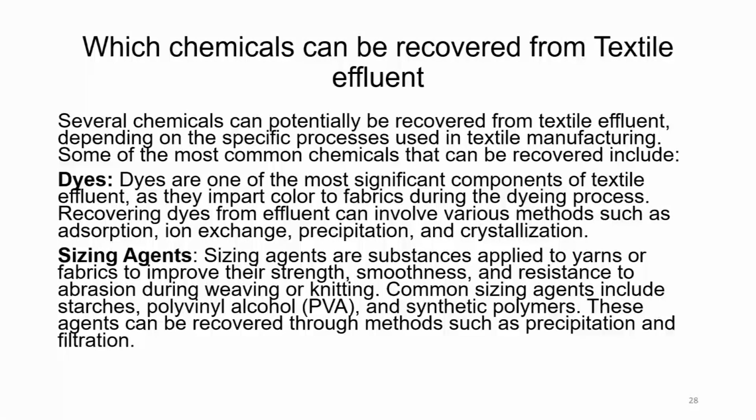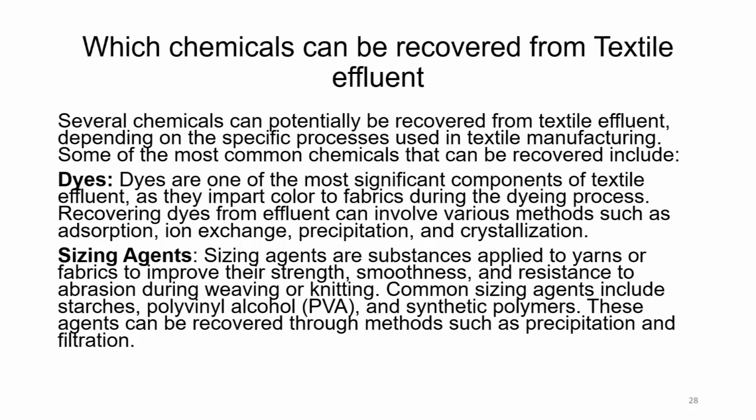Sizing agent. Sizing agents are substances applied to yarn or fabric to improve their strength, smoothness and resistance to abrasion during weaving or knitting. Common sizing agents like starches, polyvinyl alcohol and synthetic polymers are used.